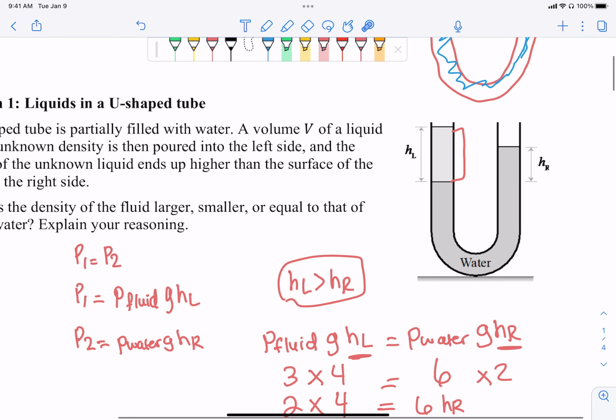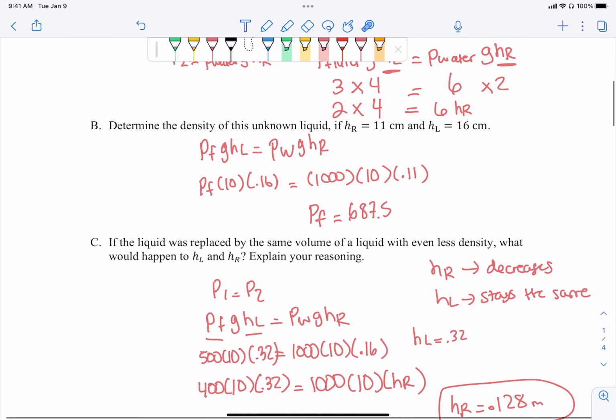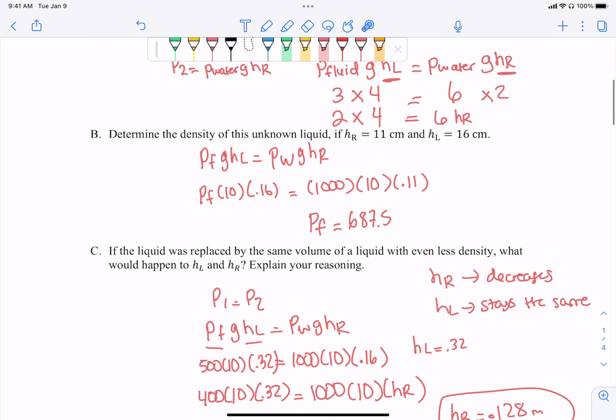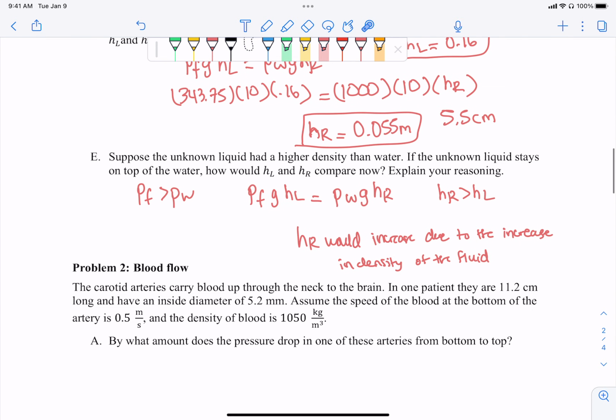If I add a denser fluid, it's going to want to push down more, so it's going to increase to a bigger HR. HL will remain the same. It's the same amount of volume being taken up, but I'm essentially pushing down harder. This is just very informal, but I'm pushing down more essentially to get to a larger HR.